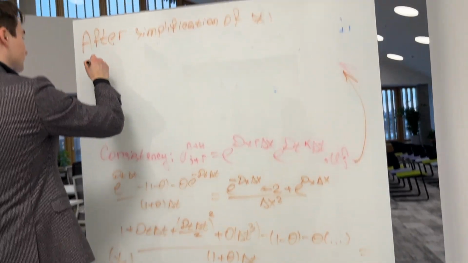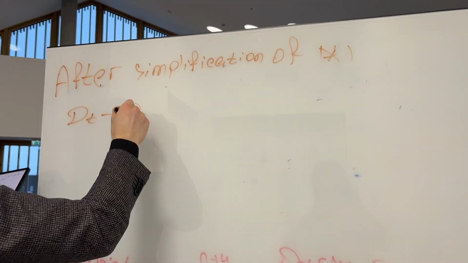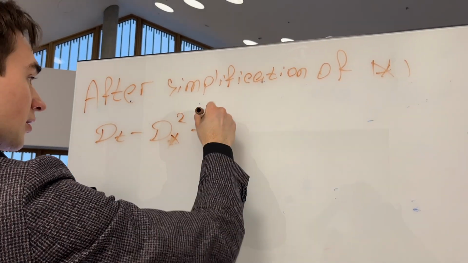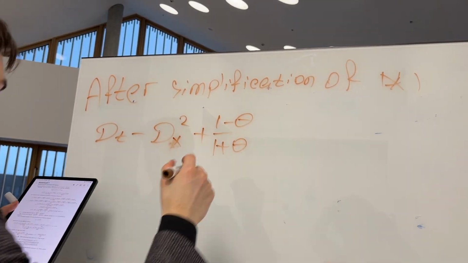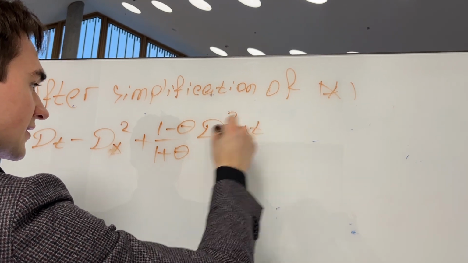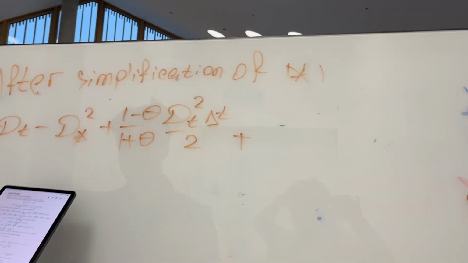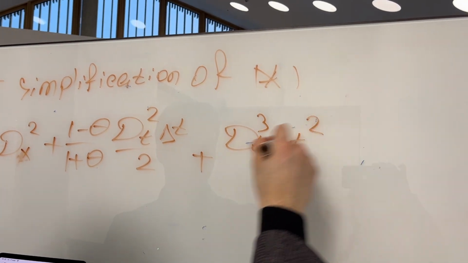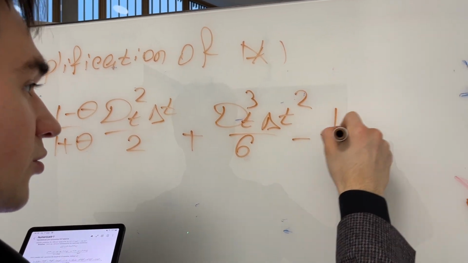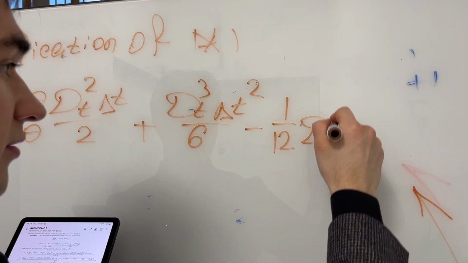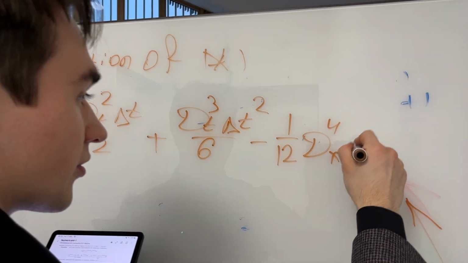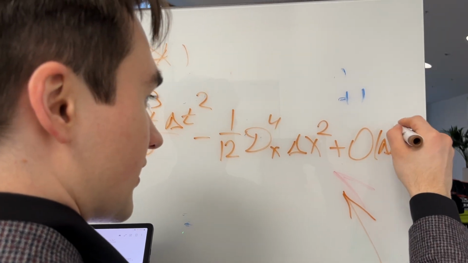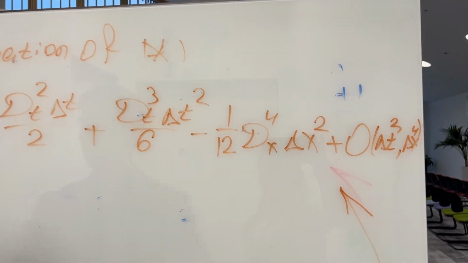We get the following: D_t minus D_x squared plus (1 minus theta) divided by (1 plus theta) D_t squared delta t divided by 2 plus D_t delta t squared divided by 6 minus 1 over 12 D_x to the fourth times delta x squared, and plus O big of delta t cubed and delta x to the power 4. And it is equal to 0.